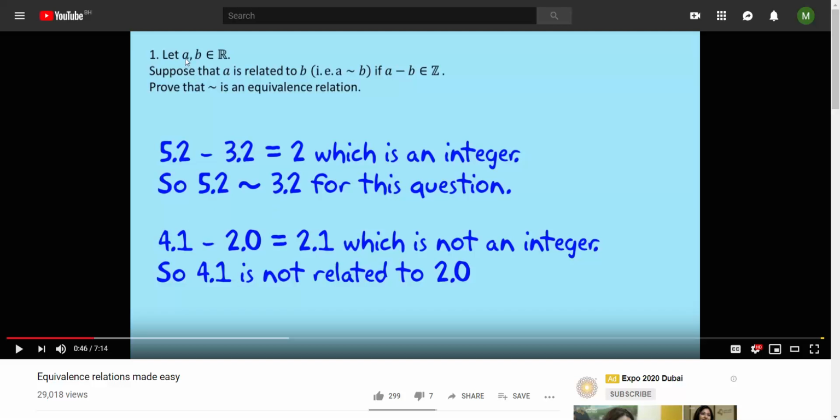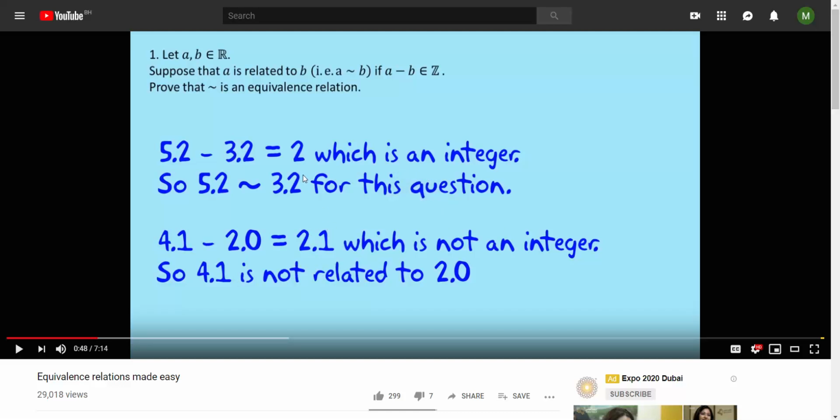Because in the question it says let A and B belong to the real numbers. But suppose that A is related to B if A and B are related to each other if the subtraction belongs to the set of integers.